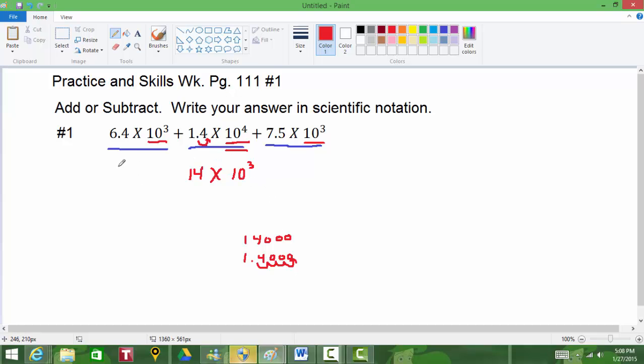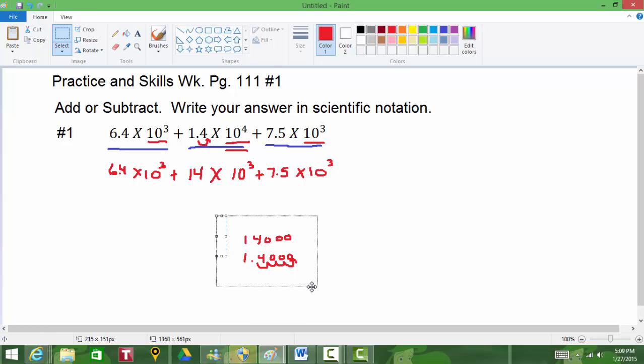Okay, so I'm going to just copy down what I have on the other numbers. Over here, same thing. Now our next thing is we're going to actually add the numbers.